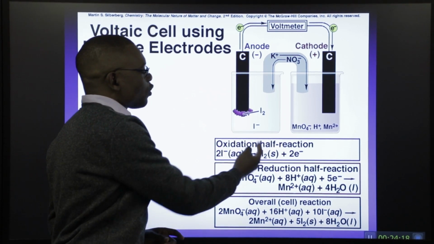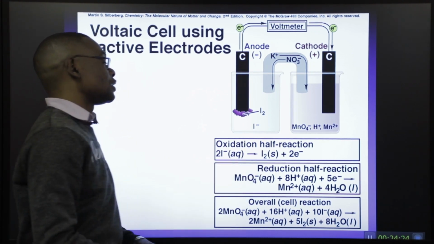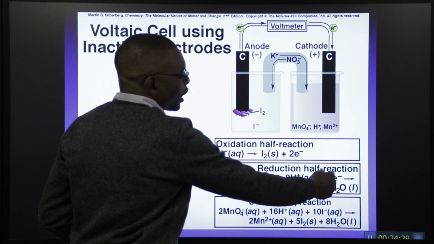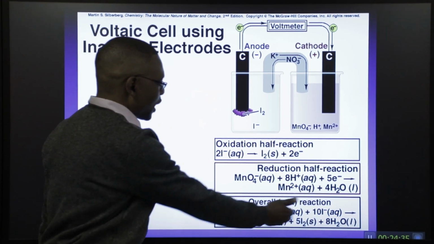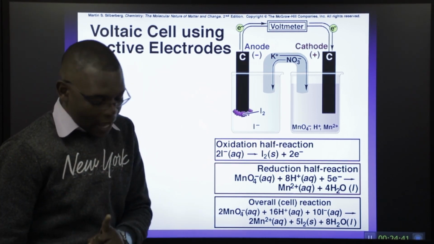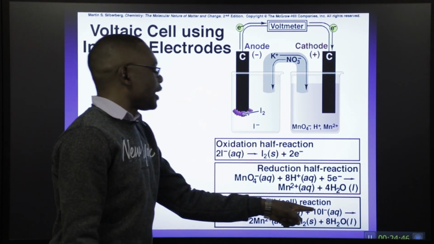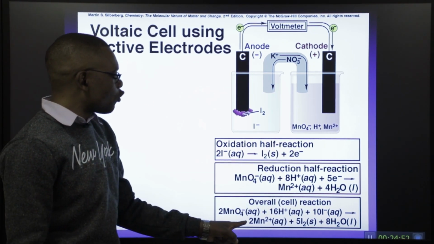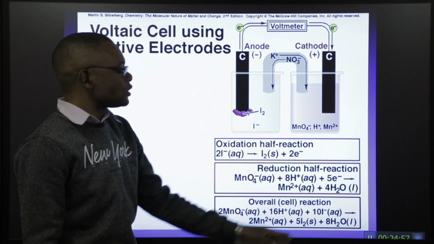So we will always have 2 electrons generated per pair of iodide ions, like represented in the oxidation reaction. What does that imply? It implies that for us to account for these 5 electrons, we have to multiply everything by 2 to make them 10. So this is what happens in the overall cell reaction. We have 2 permanganate ions and 16 H plus ions, and we need 10 iodide ions to form 2 manganese 2 plus ions, 5 iodine molecules and water, like that.